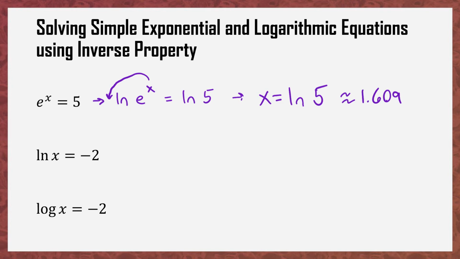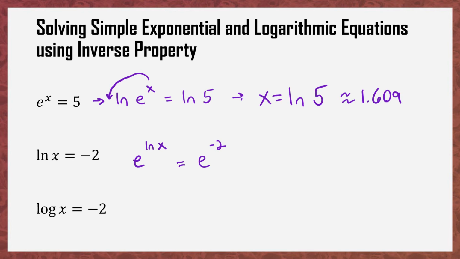ln of x equals negative 2. Well, what's the opposite of the ln? What's the inverse of ln? That's e, or e to the x. So we are going to raise both sides of this equation to be powers of e. What will that look like? e, and then the exponent will be ln x, because that's what's on the left side of the equal sign, equals e to the negative 2 power.